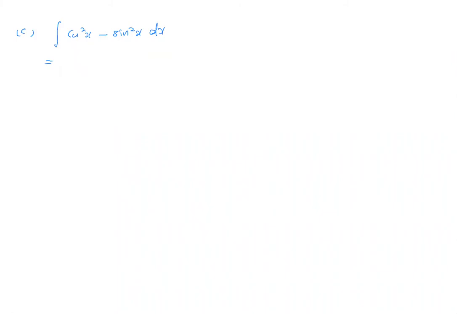Okay, Cindy, can you tell me what other double angle formula involve cos 2x? I have cos square x minus sin square x is equal to cos 2x. Okay, what others? If I have cos square x, what should I do?